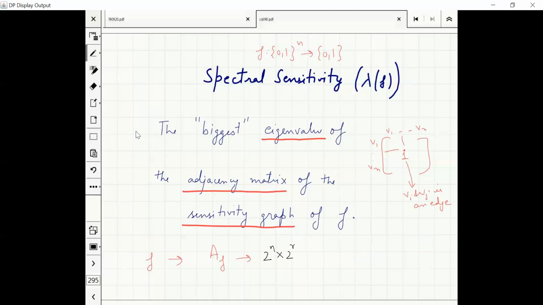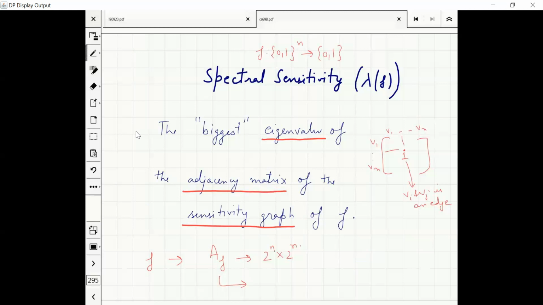Very good. How many eigenvalues is it going to have? It's 2 to the power n. Why? Because the characteristic polynomial has degree 2 to the power n. Why does it have degree 2 to the power n? Due to the characteristic polynomial for the adjacency matrix.